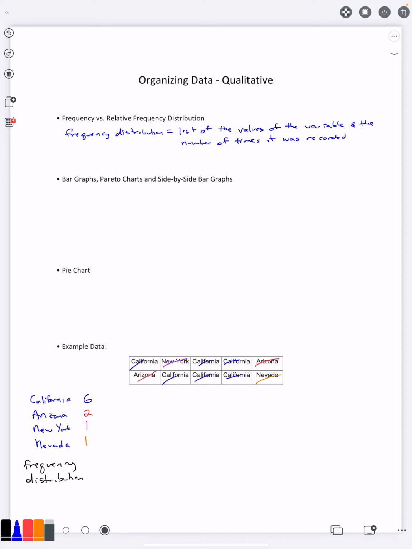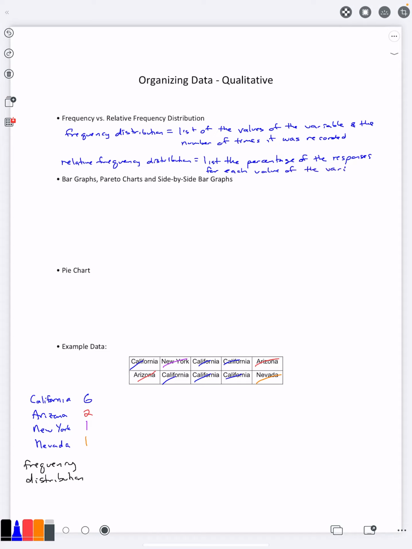Now you might say, well, what's a relative frequency distribution? So a relative frequency distribution is, instead of listing how many times it was recorded, you list the percentage of the responses for each value of the variable.